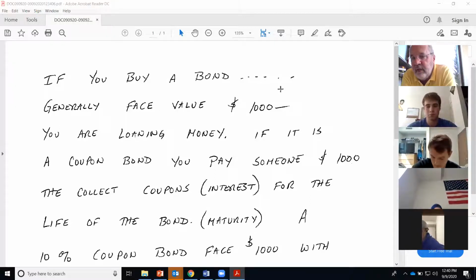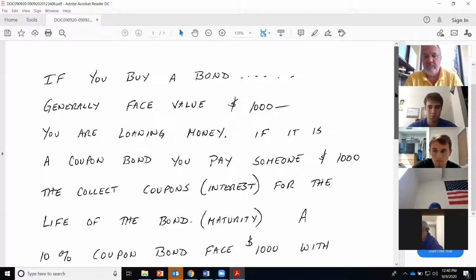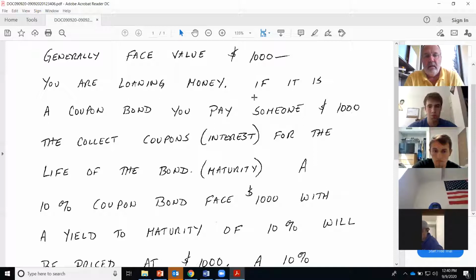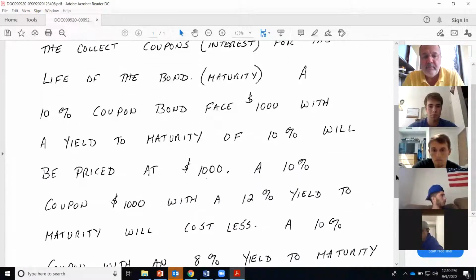So a $1,000 bond that pays 10% coupons, you pay $1,000 and you collect the coupons for the life of the bond. A 10% coupon, $1,000 face bond with a yield to maturity of 10% will be priced at $1,000.